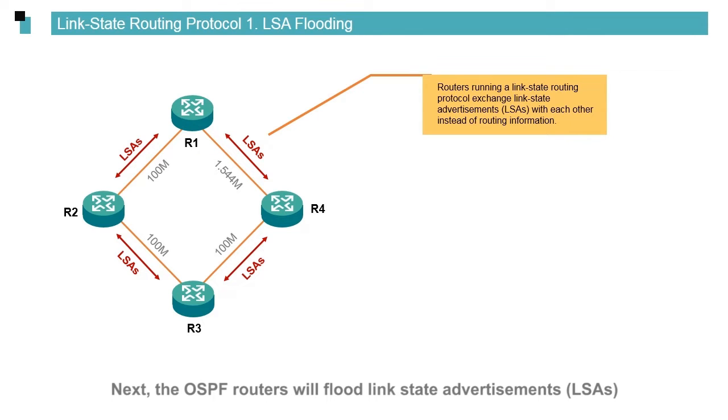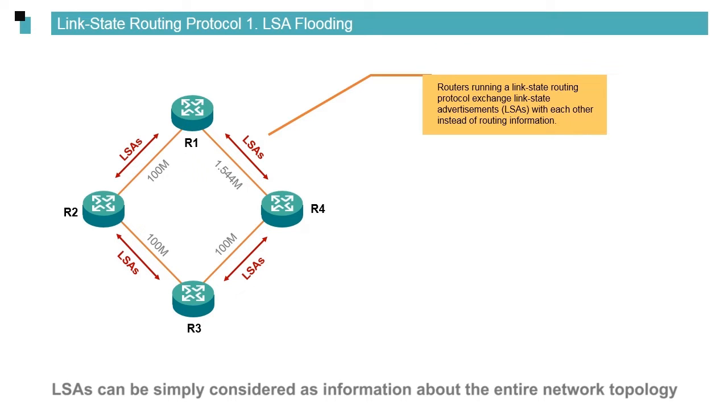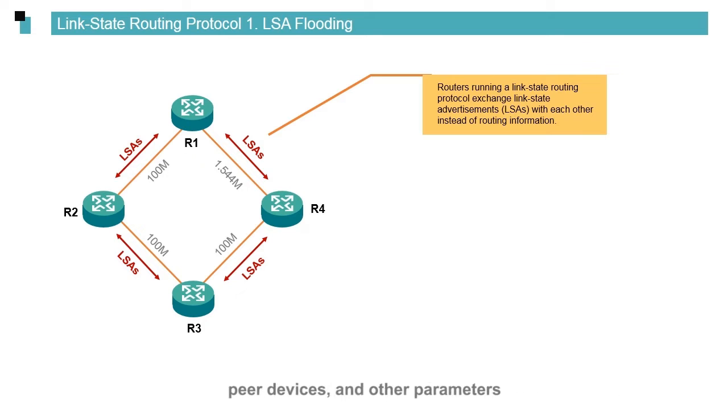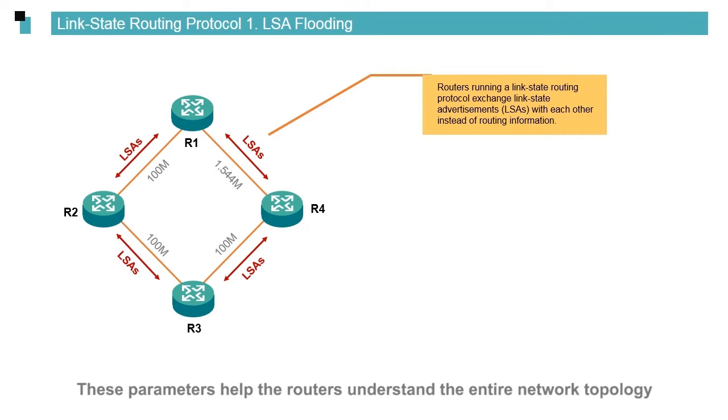Next, the OSPF routers will flood link state advertisements, LSAs. LSAs can be simply considered as information about the entire network topology, such as costs of directly connected interfaces, network segments, peer devices, and other parameters. These parameters help the routers understand the entire network topology.